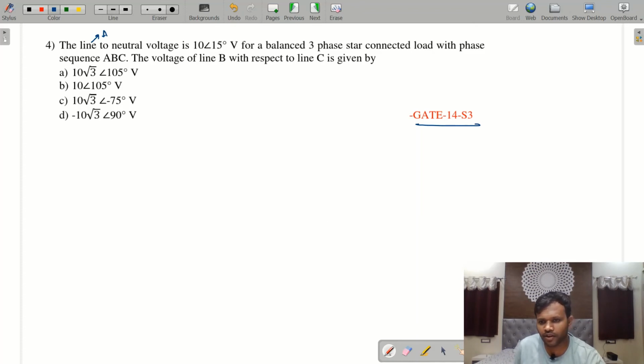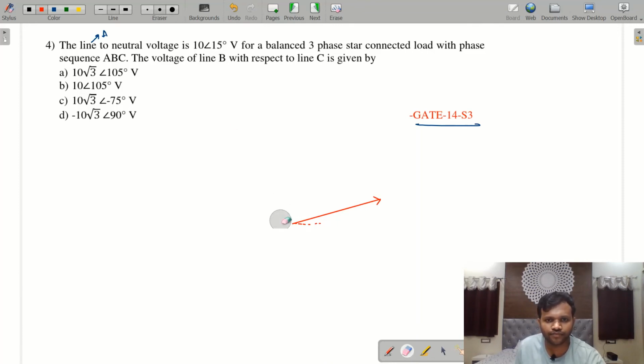For this we need to draw the phasor diagram. So consider this is my, actually, one minute.